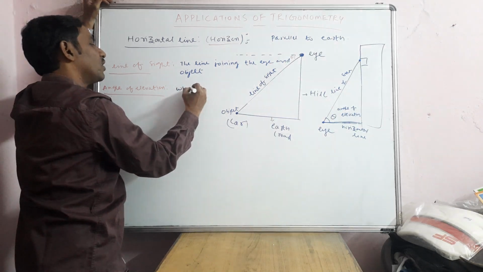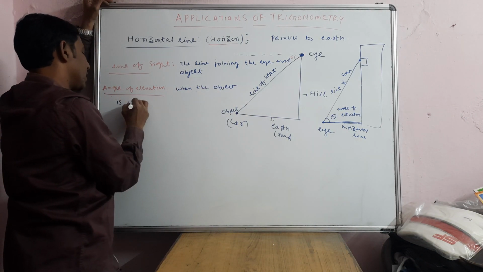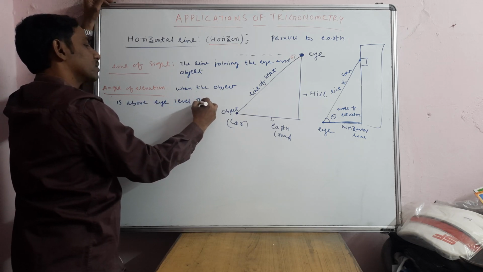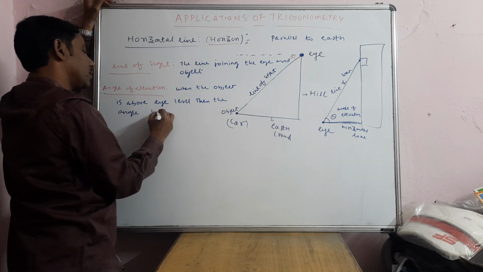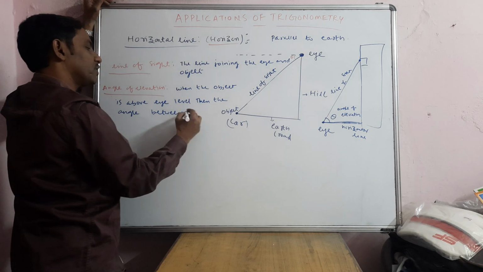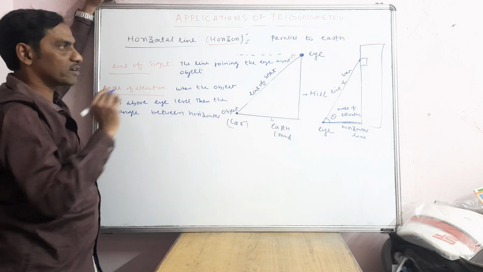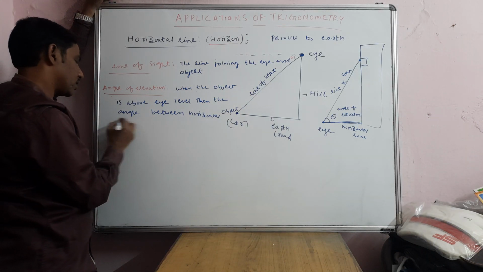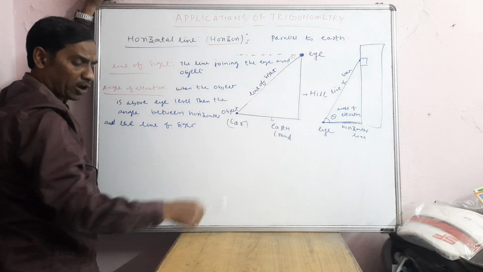That is, when the object is above the eye level, the angle between the horizontal and the line of sight is the angle of elevation. Now we'll go to the next.